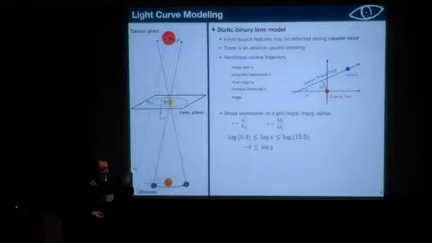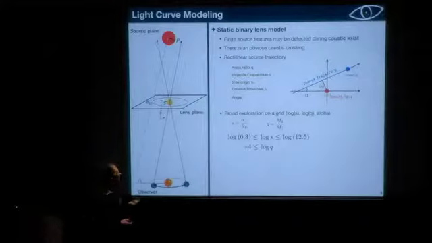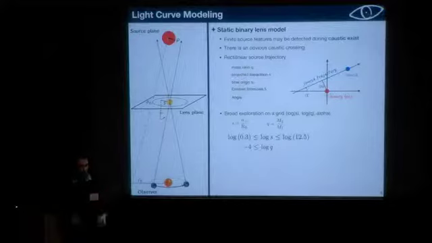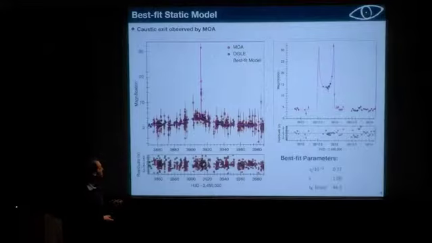So I started to consider a static binary lens model with finite source effect because it seemed we had data during the caustic exit. I started with a broad exploration on grids along the separation, mass ratio, and orientation of the source trajectory compared to the lens. And after that I refined the modeling with Markov chain Monte Carlo algorithms.